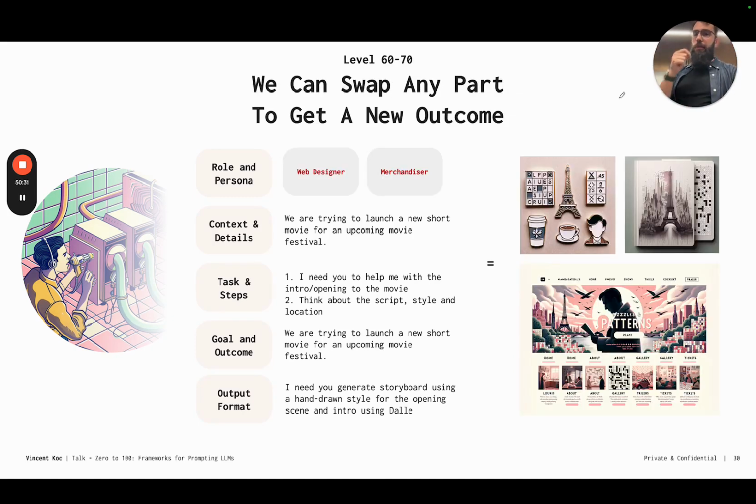But the beauty here is we can start to swap out any component. I'm keeping the context, the task, the goal, and most of the concepts the same. But instead of the role, I'm changing the role. I'm now saying, you're a top website designer. Can you draft me on the output format as well? Can you give me an output of an image of a website? Another one I did for merchandising, I probably shouldn't say this because it's being recorded, but I said, you're a top merchandising designer for Disney.